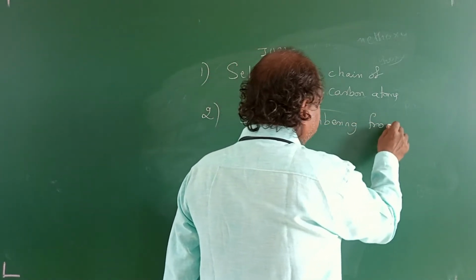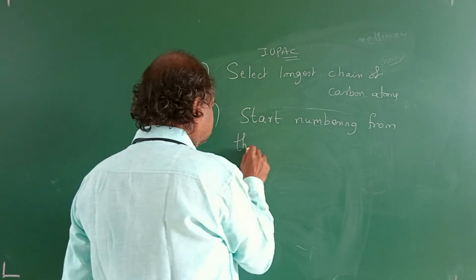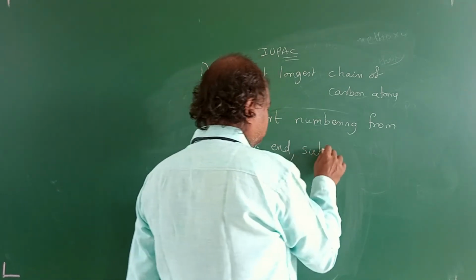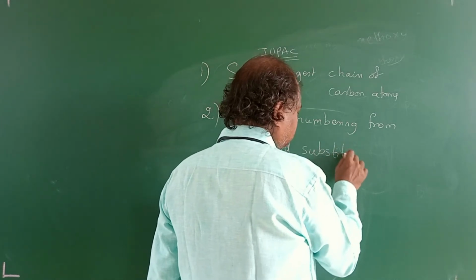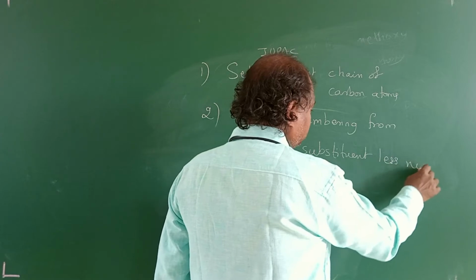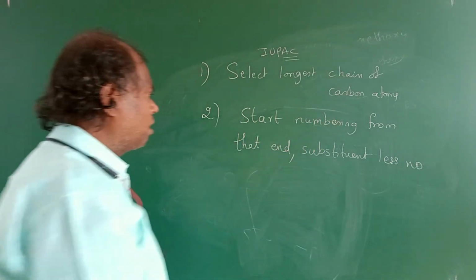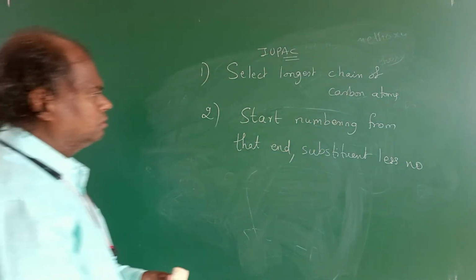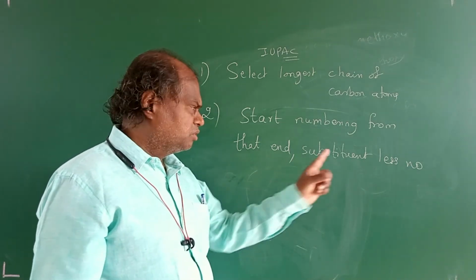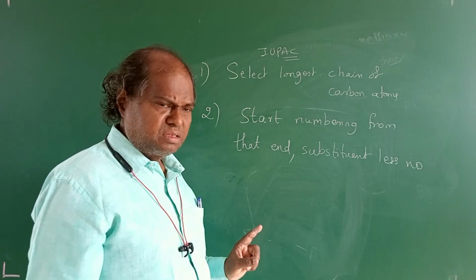From that end where the substituent should get the lesser number. Suppose one substituent is there, the substituent gets the lesser number.